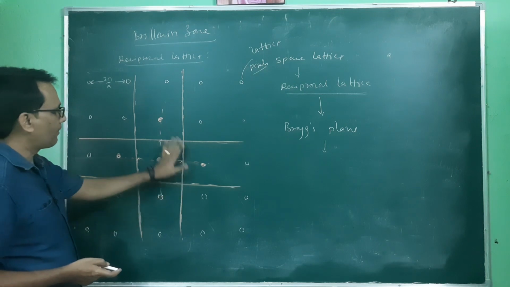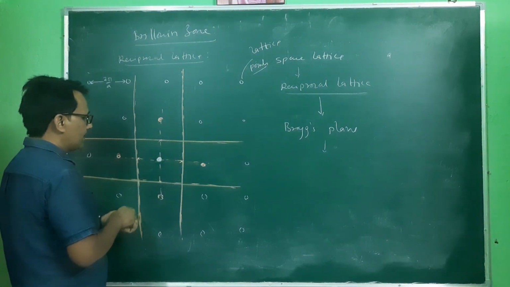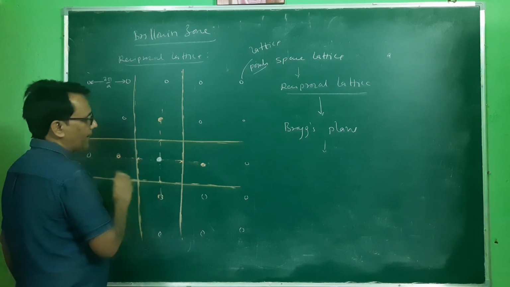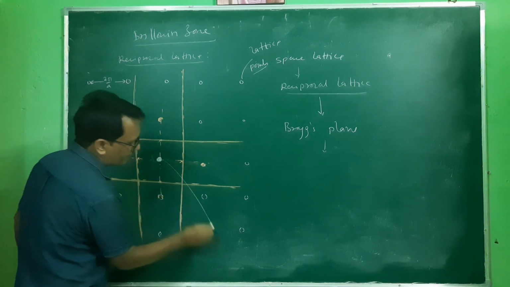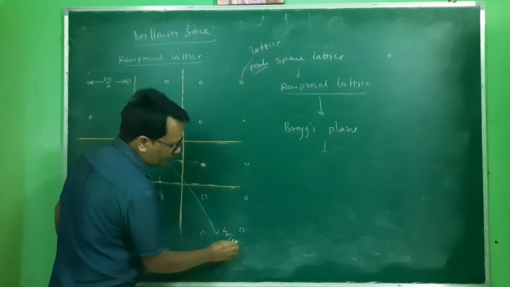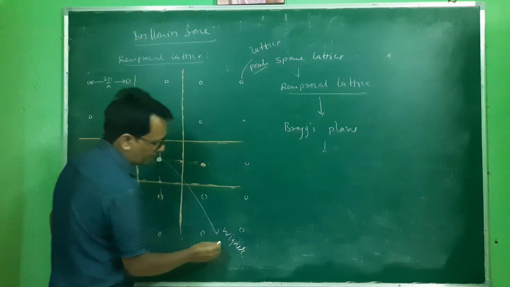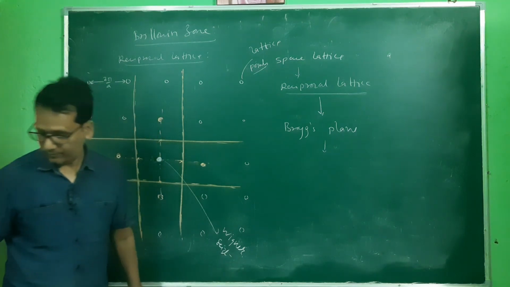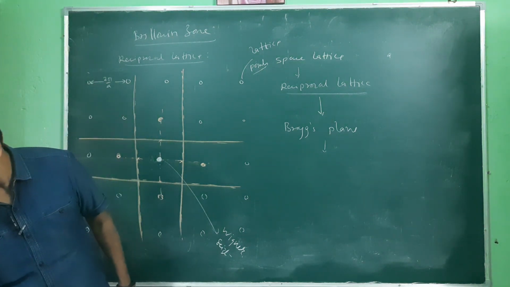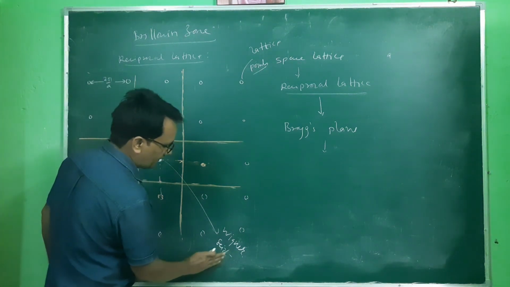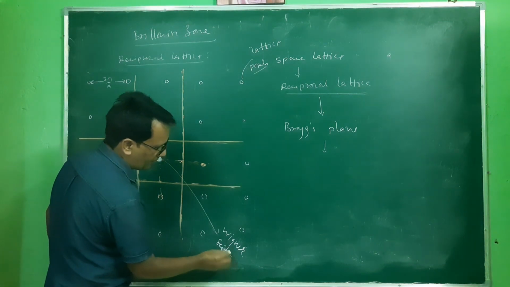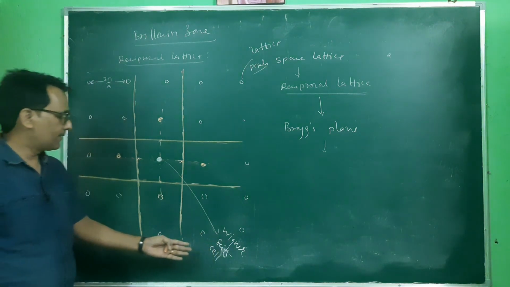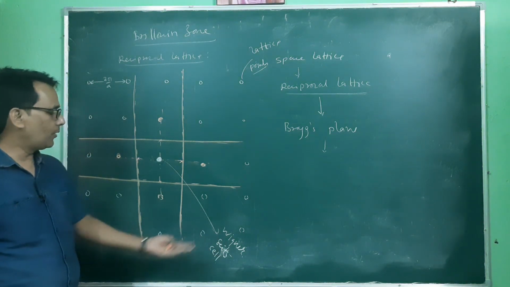So this is one region, and this region near the central point is known as the Wigner-Seitz cell. So what is this Wigner-Seitz cell, and what is the importance of this?